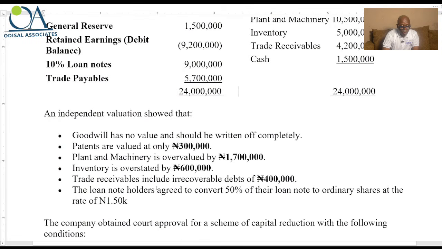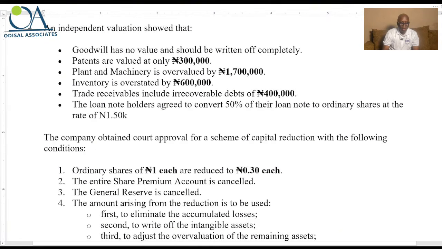The loan note holders agreed to convert 50% of their loan note to ordinary shares at the rate of 1 naira 50 kobo. The company obtained court approval for a scheme of capital reduction with the following conditions. Ordinary shares of 1 naira each are reduced to 0.30 kobo each.